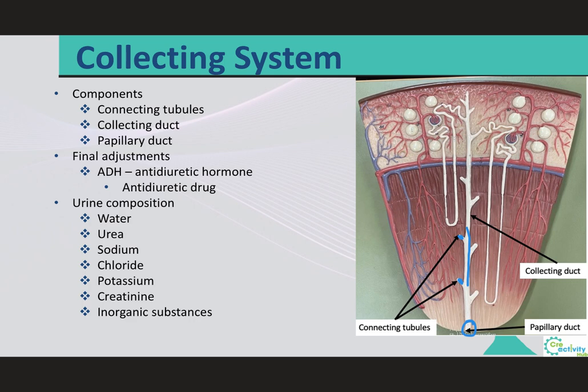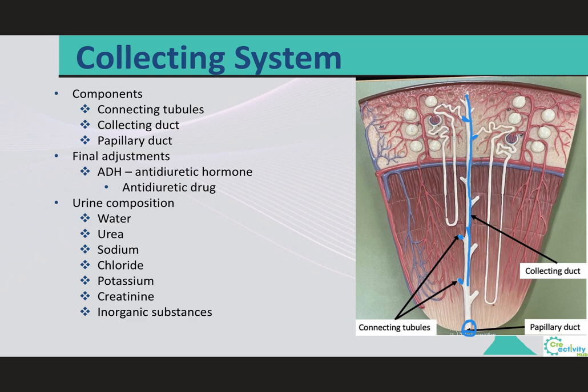Every nephron is connected to a connecting tubule, and several connecting tubules are connected to a collecting duct. Several collecting ducts will converge and empty into the larger papillary duct that empties into a minor calyx in the renal pelvis.